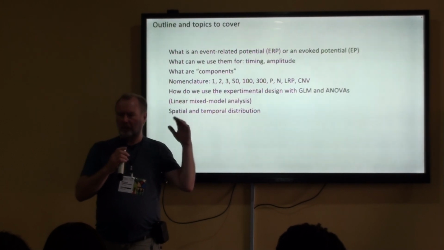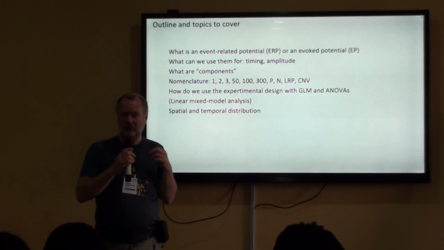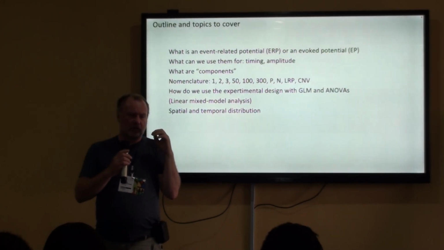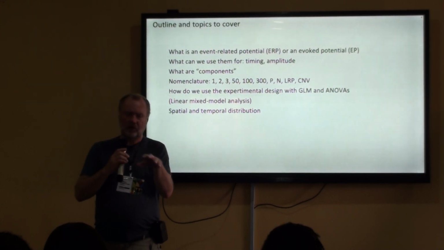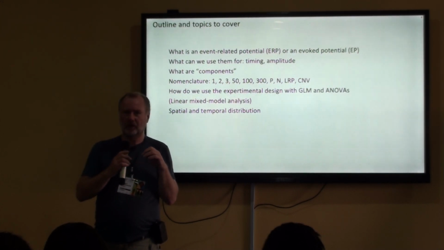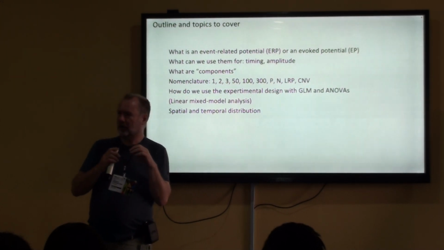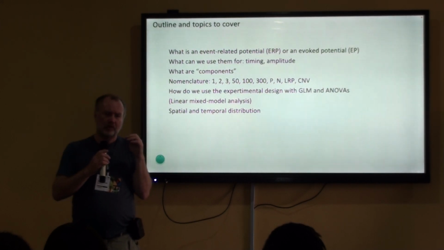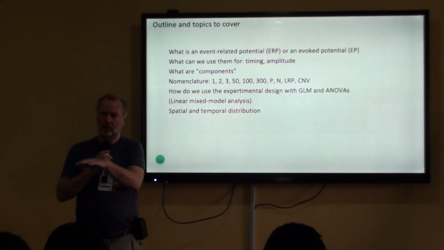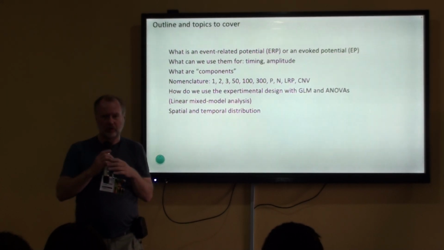There are some more advanced methods such as linear mixed model analysis that you could look into, but I think that at this moment we should not be covering that yet. But I do want to highlight how we use ERPs both for the spatial and for the temporal dimension, for the distributions.